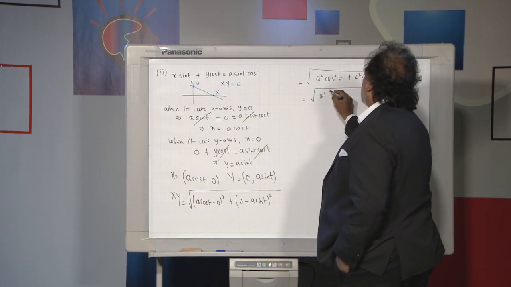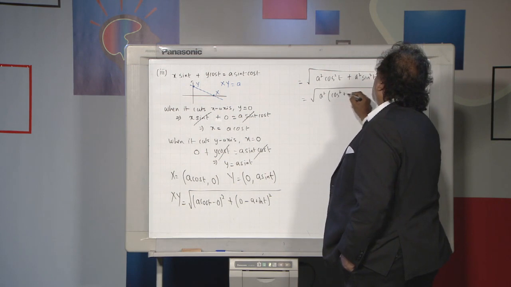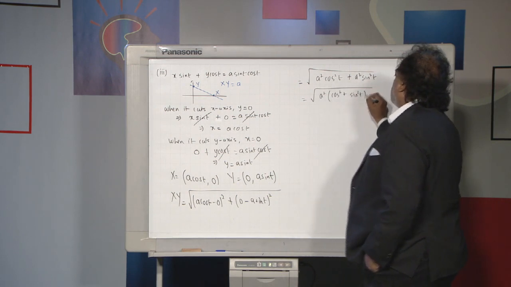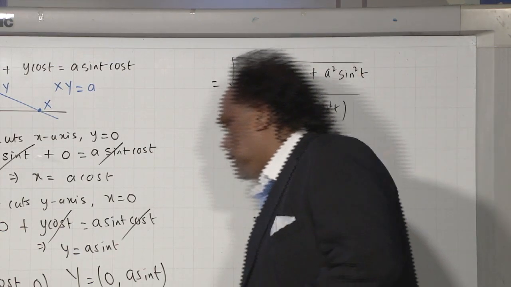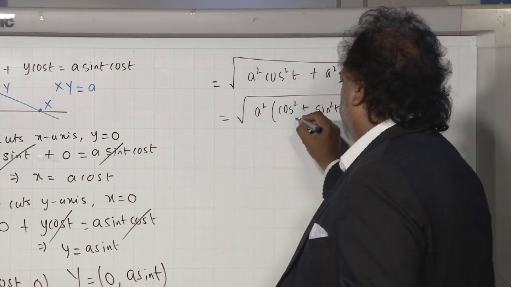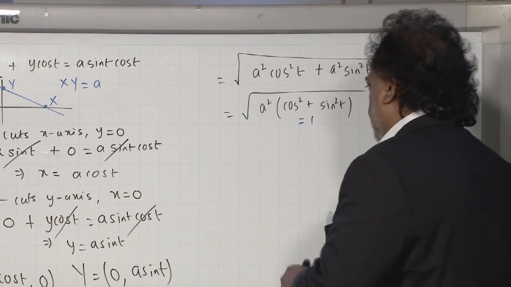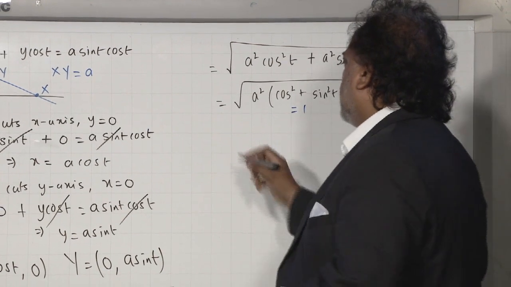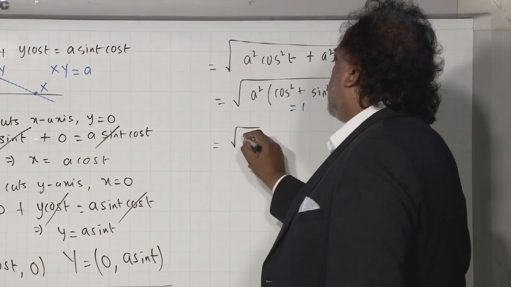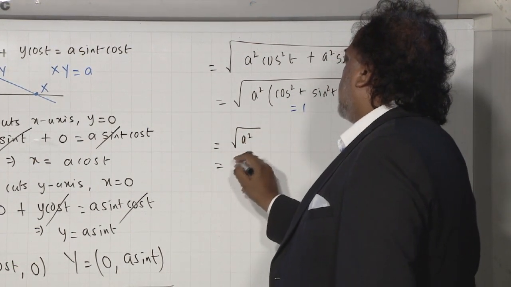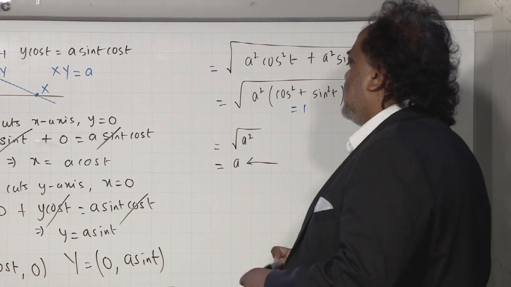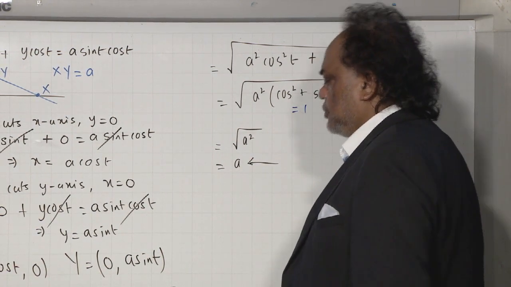So a squared times (cos squared plus sine squared t). Cos squared plus sine squared t, by trigonometric identity, is equal to 1. And therefore, this is what we had to prove.